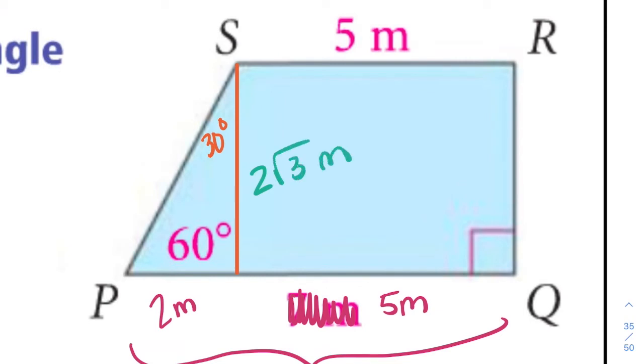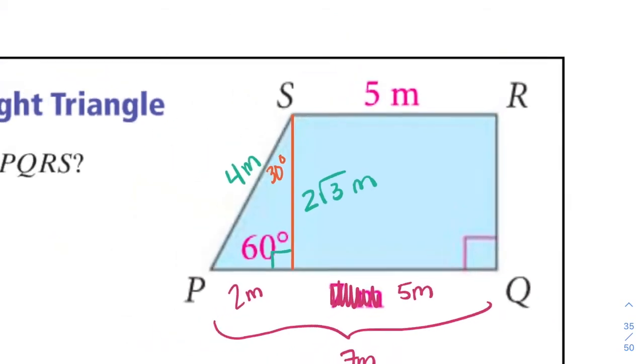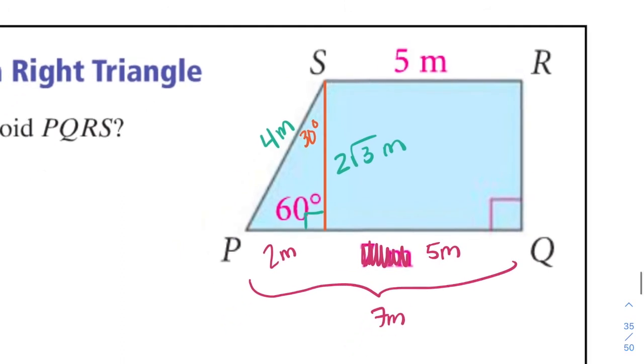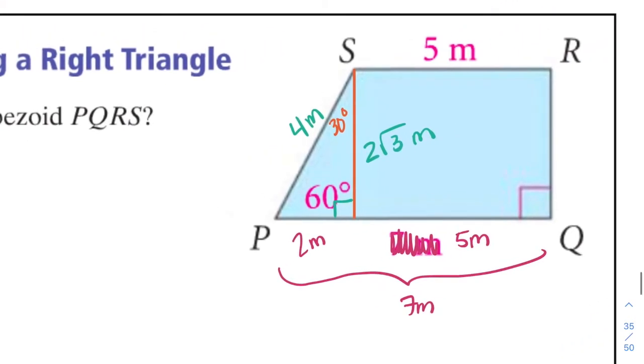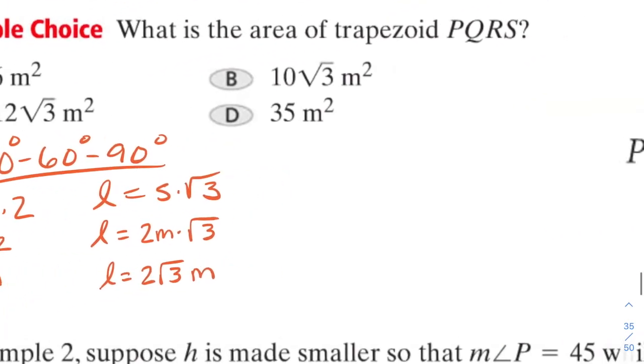The hypotenuse, which is opposite the right angle, will be 4 meters. We don't need to worry about either of those because it looks like we have 2 square root of 3 meters, and that's what we needed. We needed the height. We don't need the 4. Really, I did some extra work that I didn't need to do.